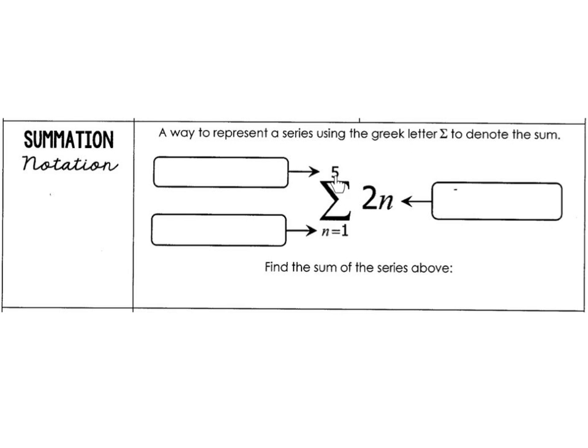Now, the number on top, this 5 in this example, is always going to be your last term. And the number on bottom always means the first term. So with n equals 1, we're saying the first term to the 5th term is what we're looking for.